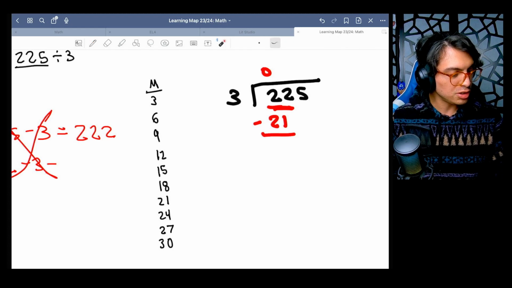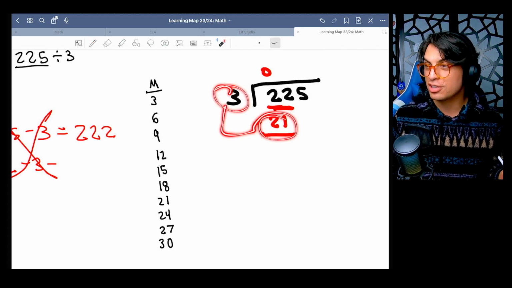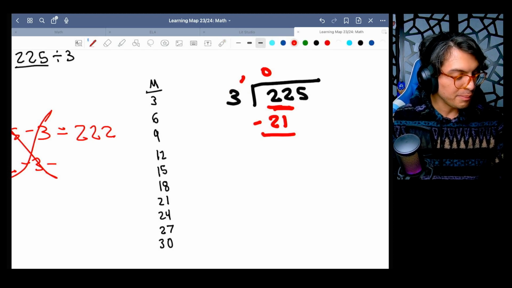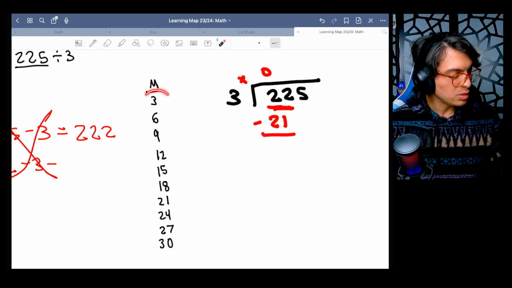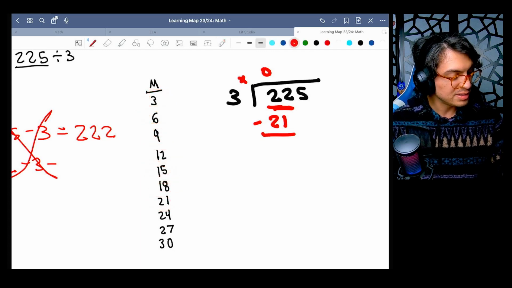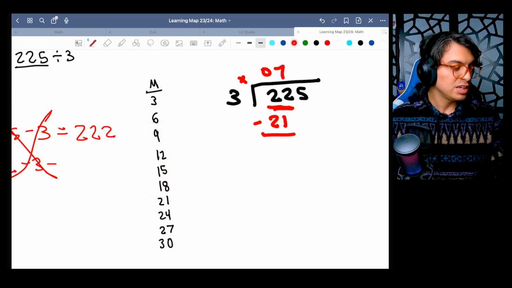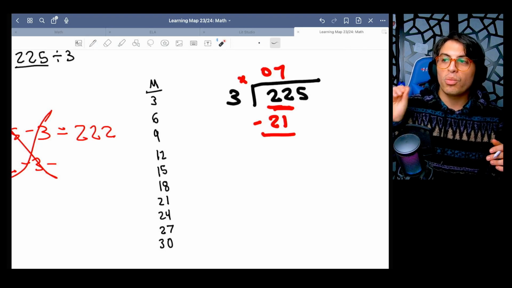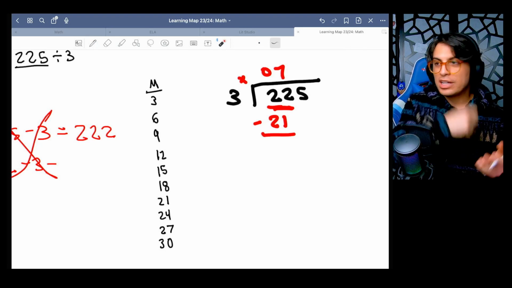How did we turn our 3 into that big chunk of 21? We multiplied it by 1, 2, 3, 4, 5, 6, 7. So instead of subtracting 3 over and over again, we did one big one and we subtracted it all at once.